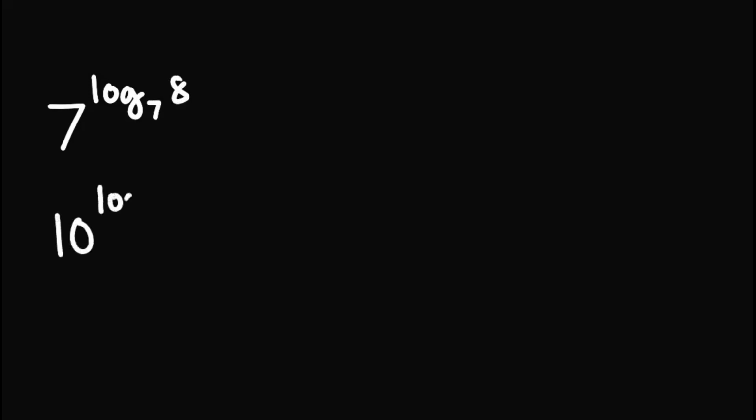Let's go on to our final set of examples. Let's have 7 raised to the logarithm of 8 with respect to base 7, 10 raised to the logarithm of 11, and e raised to the ln of 71.